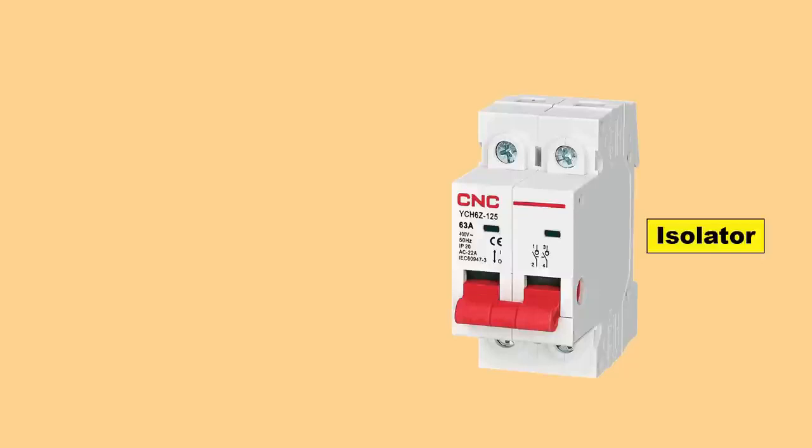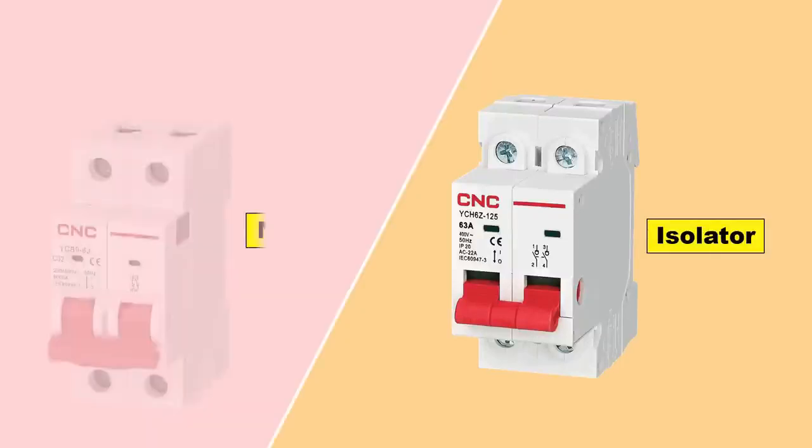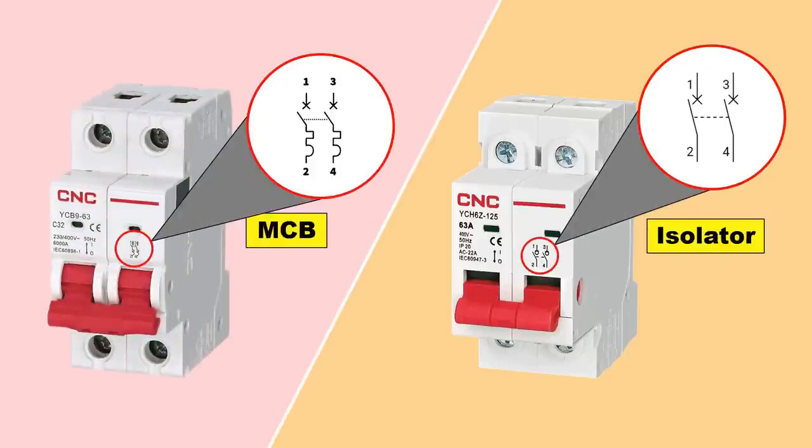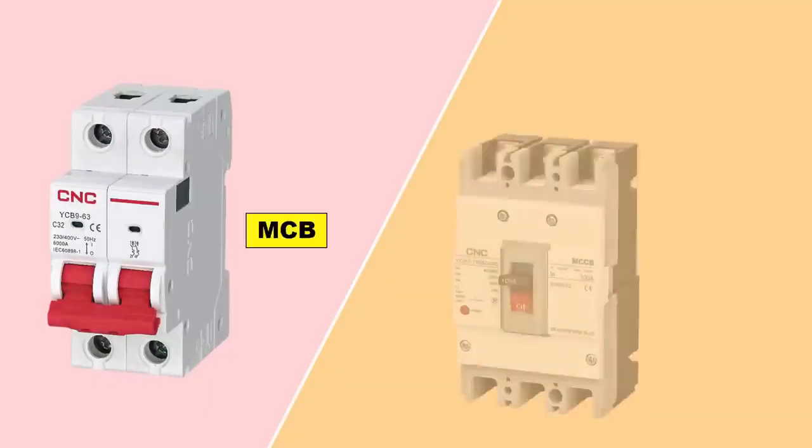And if you install isolator in your home, then you will not get any kind of protection. You can look in this screen what is the symbol of MCB and what is the symbol of isolator. So whenever you go to buy a MCB, then look carefully to the symbol over MCB, whether it is MCB or not.